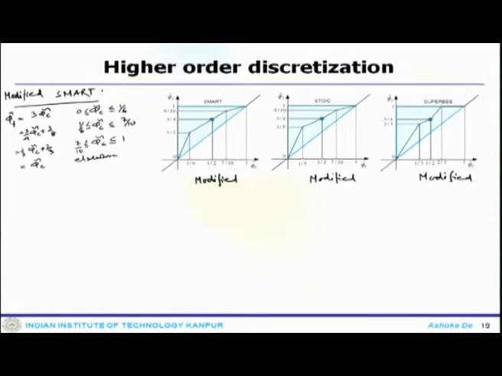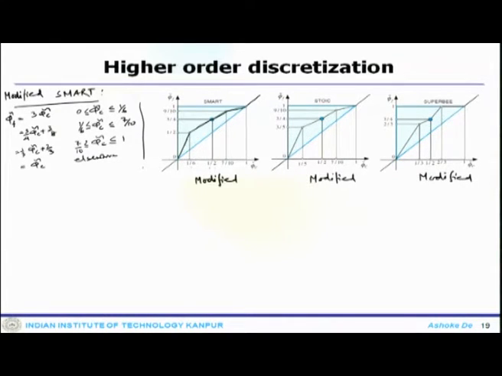So one profile is this, another profile is this, another is this, and finally this. That is how the modified SMART does it. So you split it into 4 different segments.